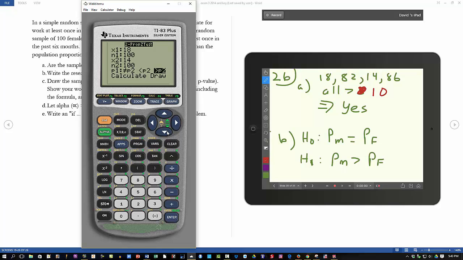And before I do that, let me, while I'm thinking of it, remind ourselves that when we get to doing that sampling distribution, it will have been convenient for us to have rewritten that as PM minus PF equal to 0, since that's the number we're going to need there. Calculate. You can see that the p-value is 0.22.